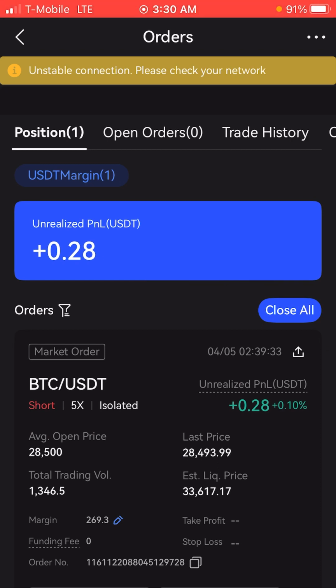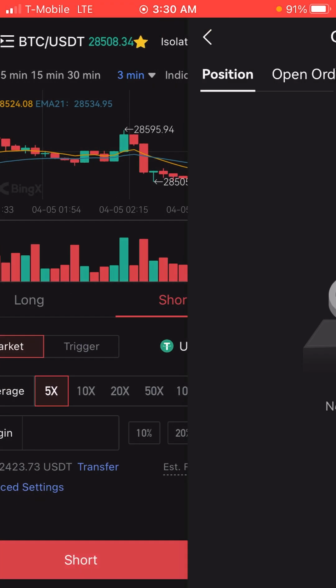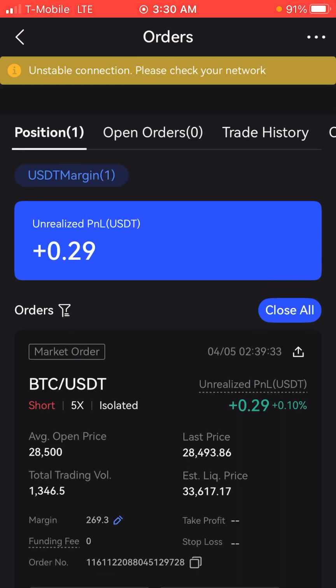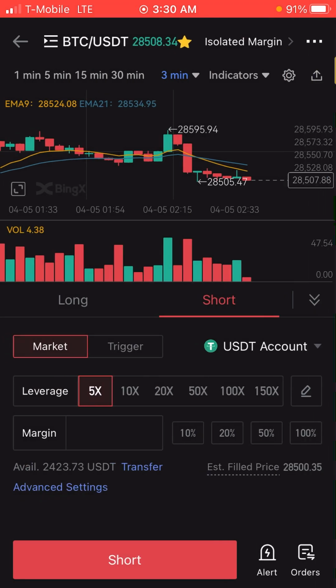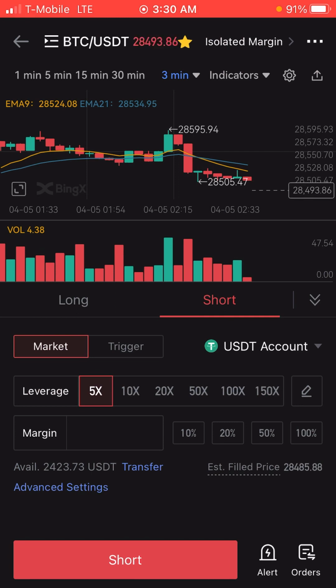Let me go and show you if I was going to do a trade. If I was going to do a trade right now, and let's see, I wanted to do a short. My short would be 10% of my balance, which would be $242. So whatever your gains are after this first time round, your 10% balance will be bigger. Now you can risk it and do more leverage, but I start small.